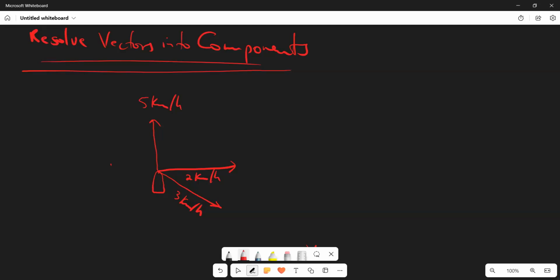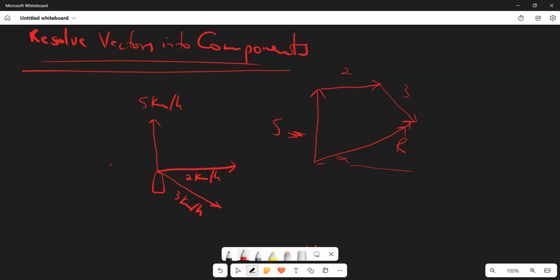You can use the polygon law, so you can go 5 that way, then you can go 2 there, and then 3 here, and then you can join it like this. And that's going to be your resultant velocity, right?